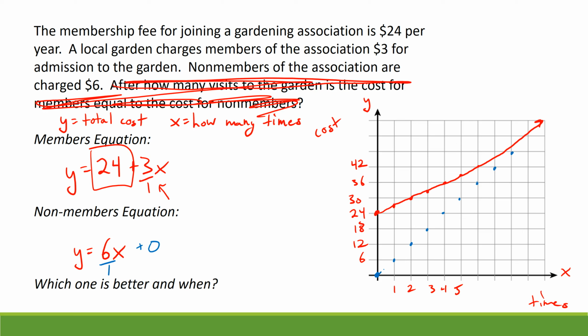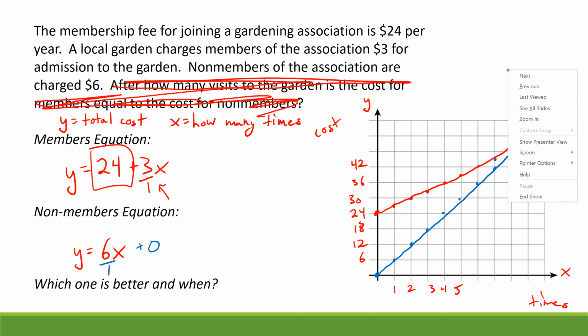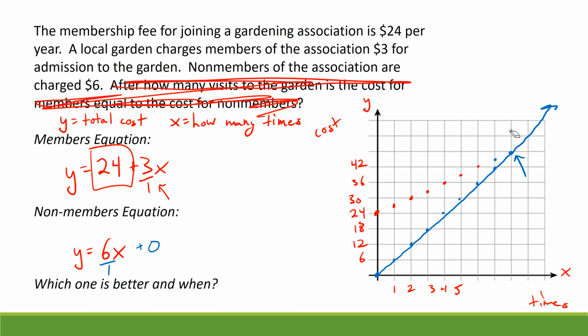And if I had drawn my red line just a little bit better, you would notice that these points intersect right here. Here's where they switch. So actually, let me go back and draw my red line just a little bit better. So what do we notice about these two lines?